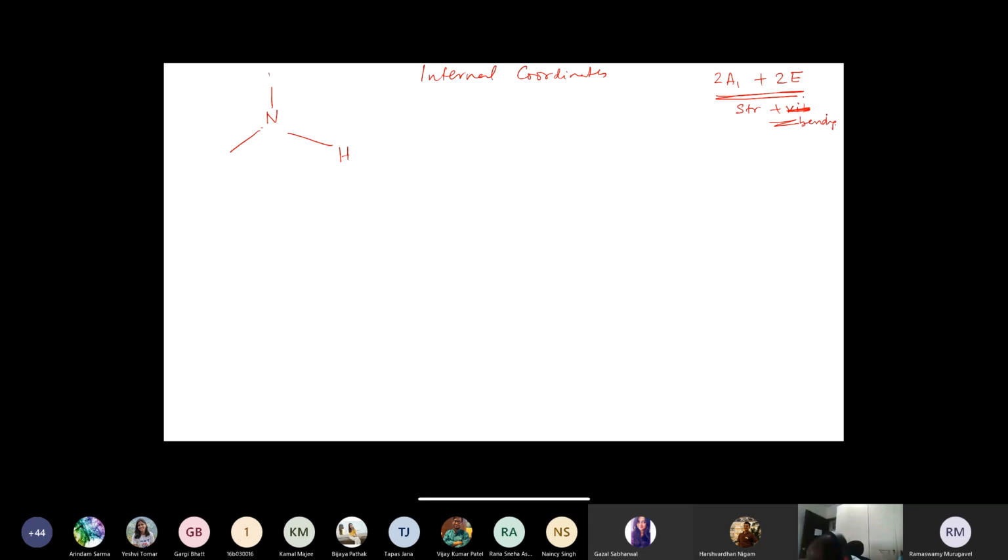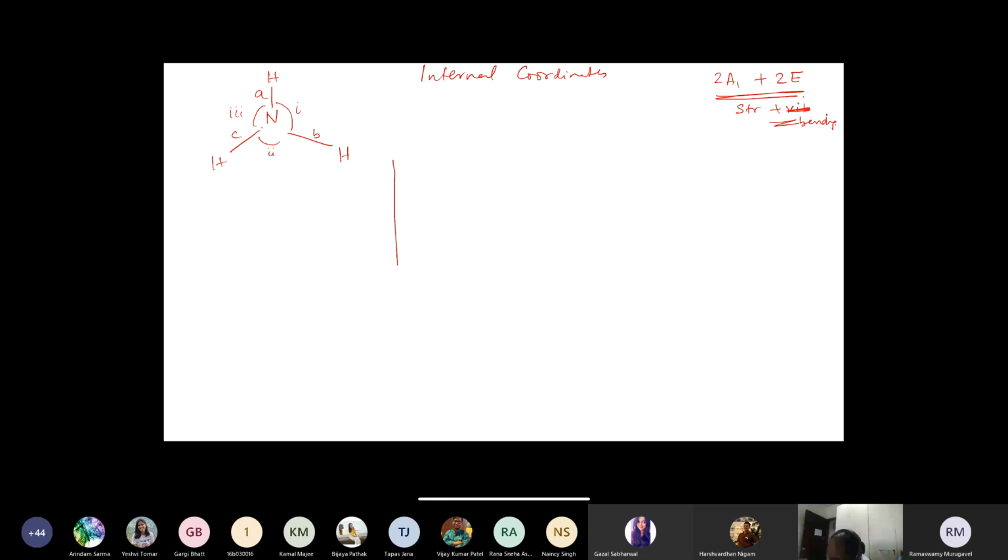So one way I can overcome this problem is assign these bonds as a, b, c and angles as 1, 2, 3. Okay, these are my internal coordinates.